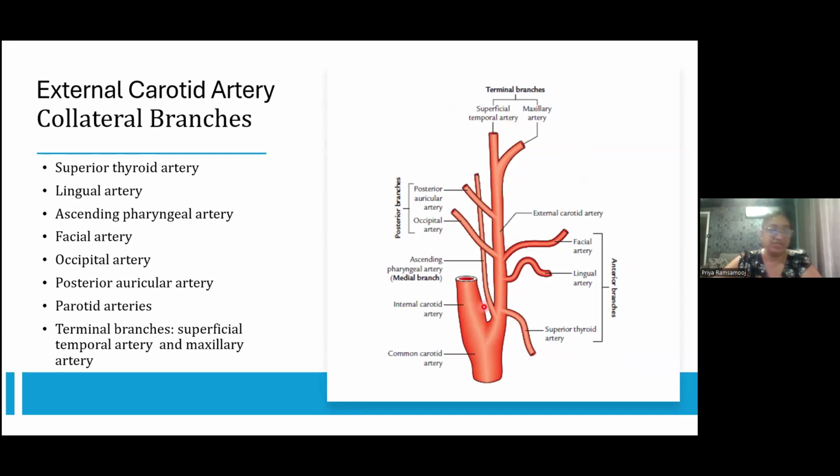Generally, that bifurcation occurs about 1 centimeter superior to the thyroid cartilage. Generally, there are 8 branches: superior thyroid artery, lingual, ascending pharyngeal, facial, occipital, and posterior auricular, and your posterior auricular and your occipital are your posterior branches. And like I said, the terminal branches are the superficial temporal and your maxillary artery.